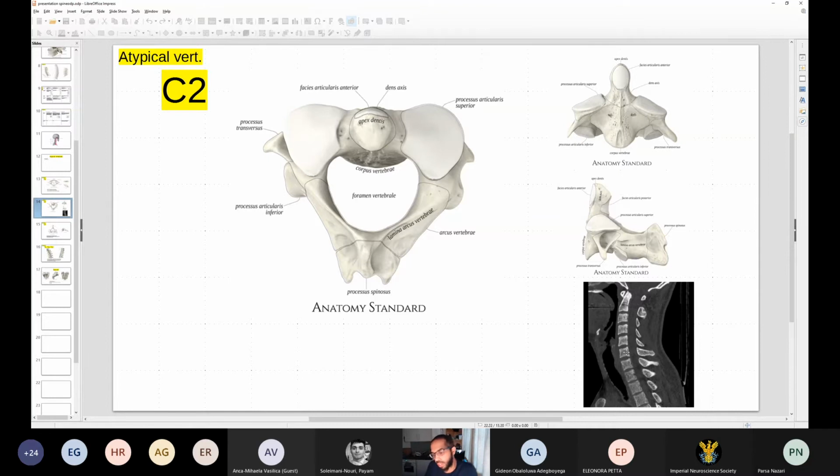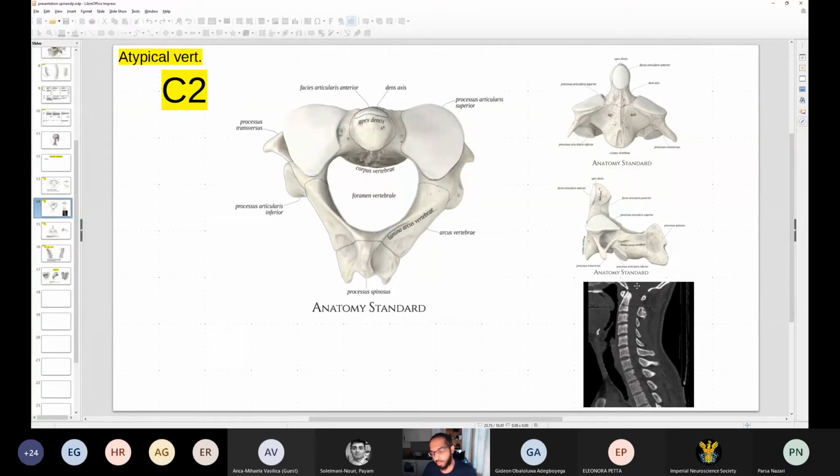So if you have a fracture, say here, and you don't really know what level this is, you just look for the axis, which is C2. If this was 2, this would be 3, 4, 5, and 6. So your pathology or fracture is at the level of C6, and this is a routine thing.